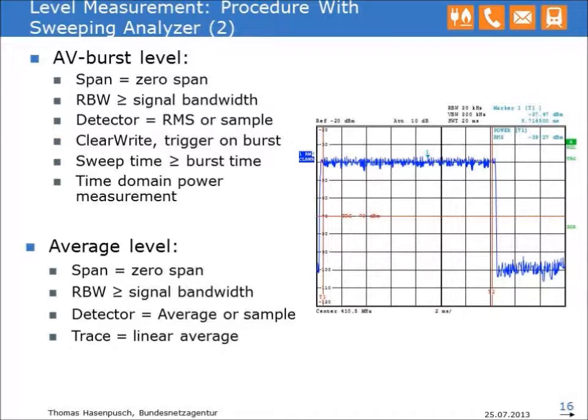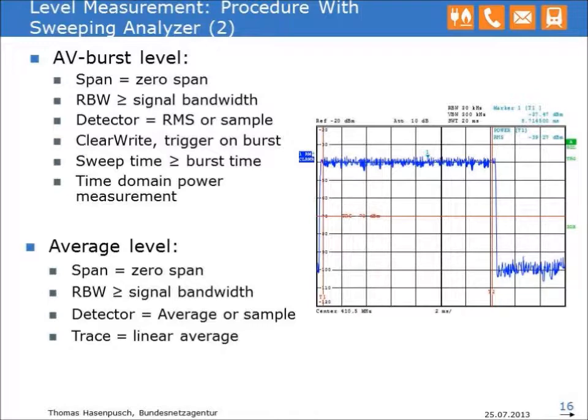And then we can do the power measurement during that time. But if the analyzer does not have this power measurement method, we cannot measure the average burst level with that analyzer. We cannot use the channel power measurement function on bursted signals.